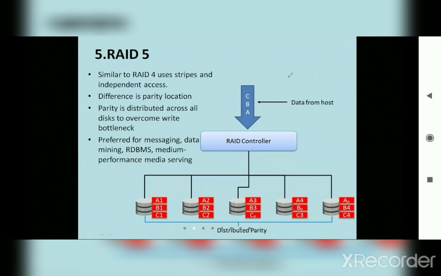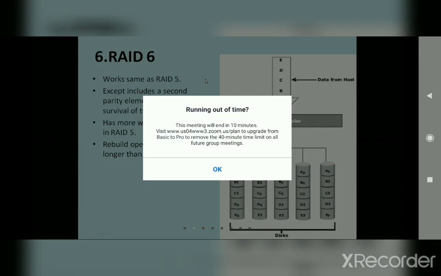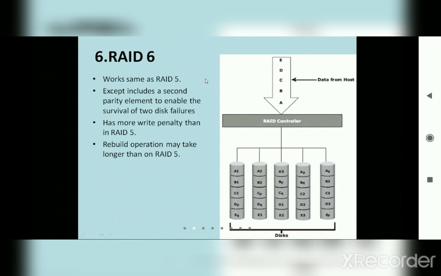Then moving on to the next one, RAID 6. You can check here that RAID 6 is built upon RAID 5, so again it is using striping and parity. How does it differ from RAID 5?